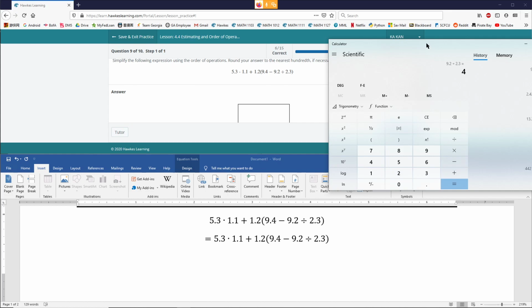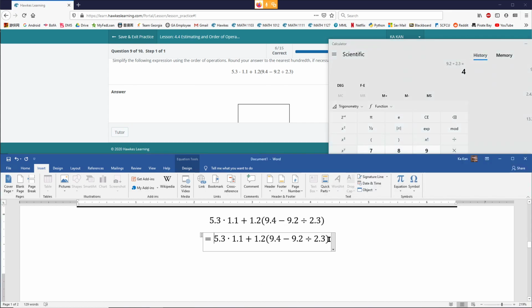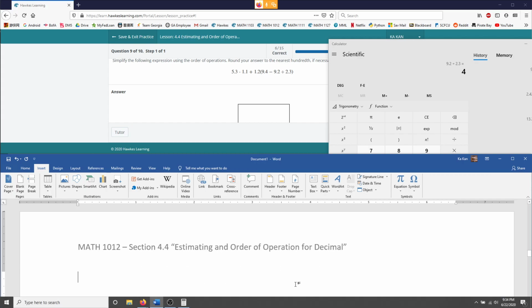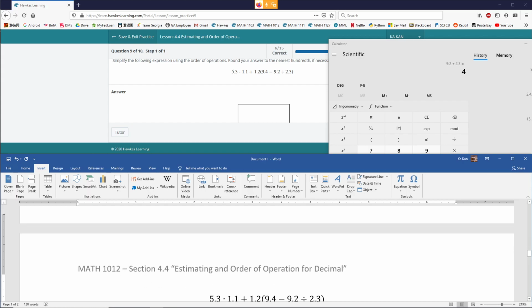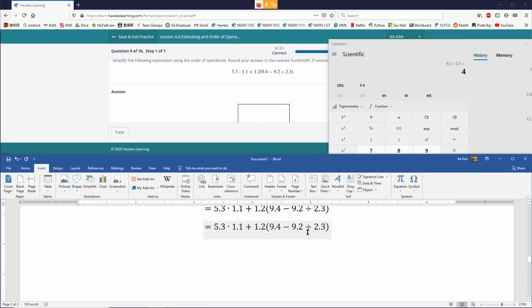So that's 4. Now, before I do that though, let me copy this. So the first, let me get some more space going. So the first thing is this guy equals 4.